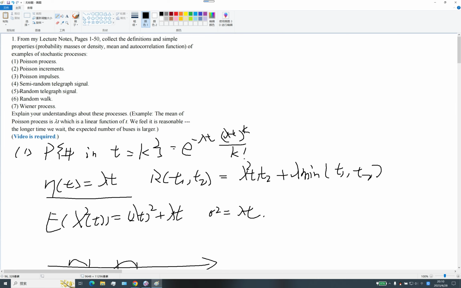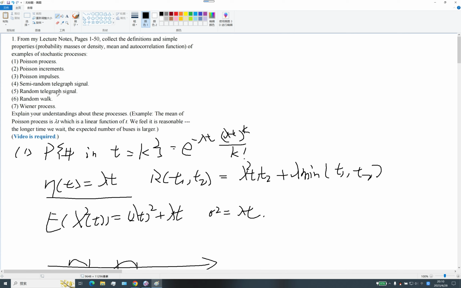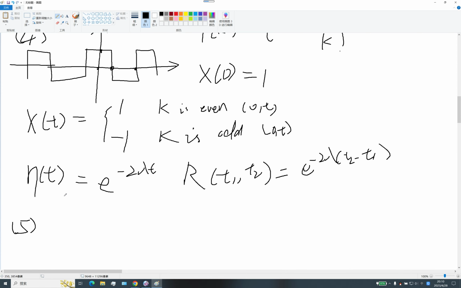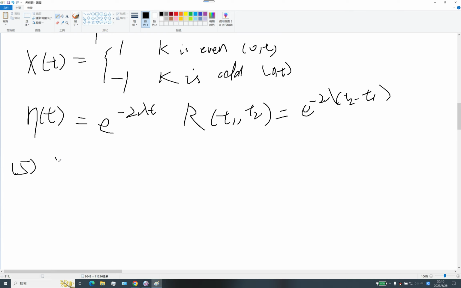And the fifth is the random telegraph signal, which is similar to the semi-random telegraph signal, but the x0 can be equal to 1 or minus 1.